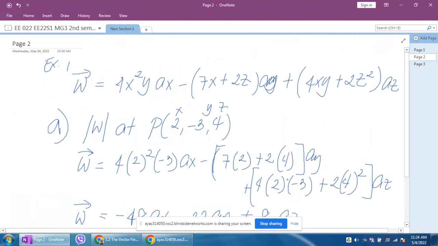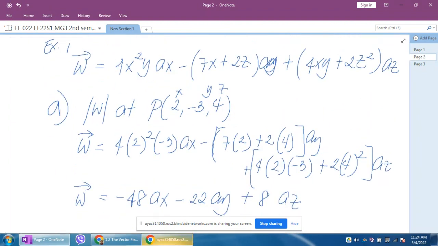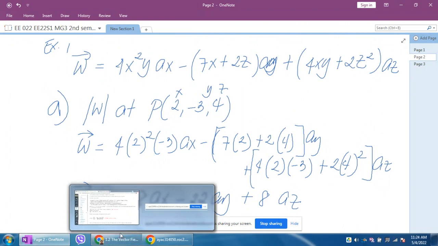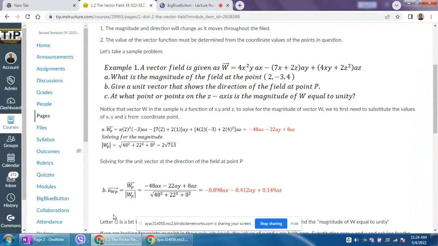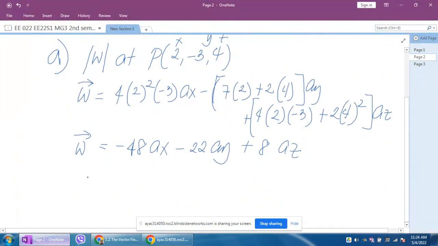Now, yan na po ba yung sagot natin? Ang tinatanong po is what is the magnitude? Okay, hindi pa pala tapos. We need to solve for the magnitude at the given point. So kunin po natin yung magnitude dito.